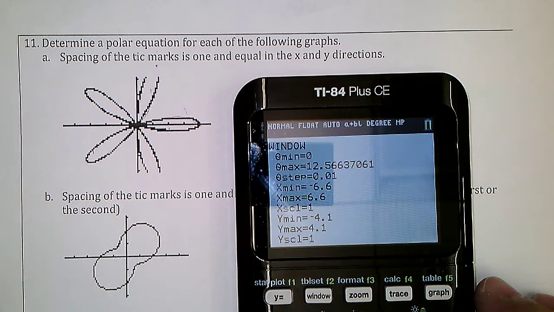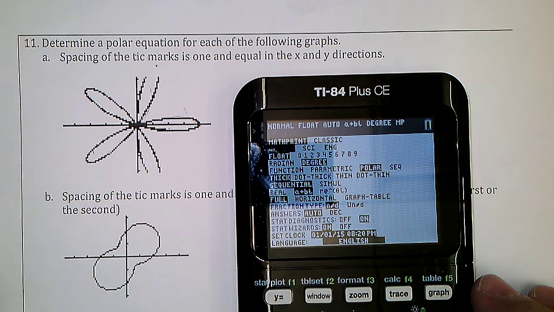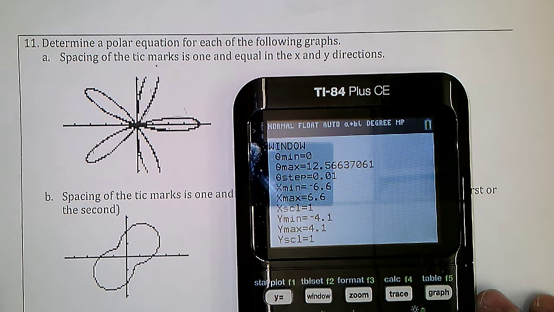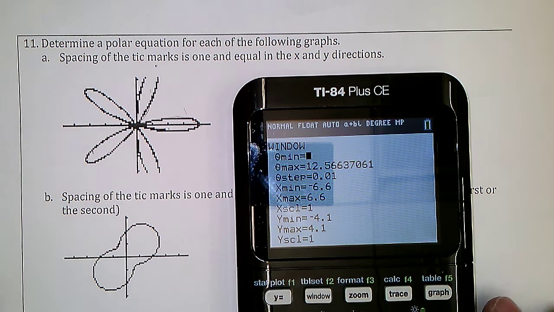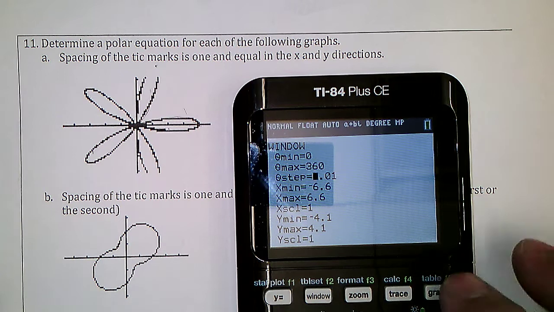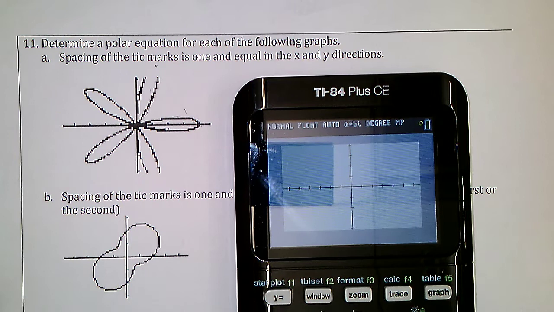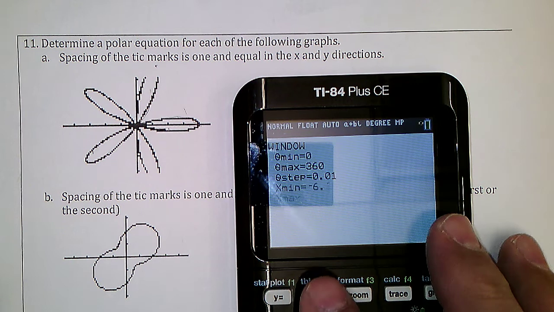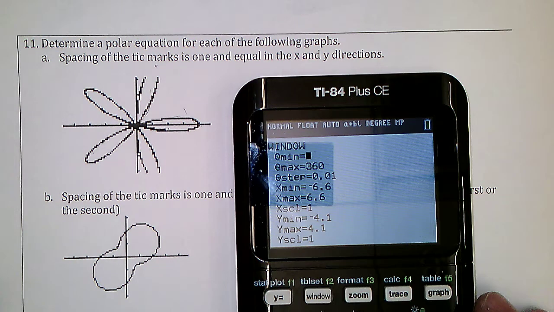Let's go to the window, and mode is in degrees, so I want this to go from 0 to, let's say, 360. Graph. 4 cosine 5 theta, and theta goes from 0 to 360.